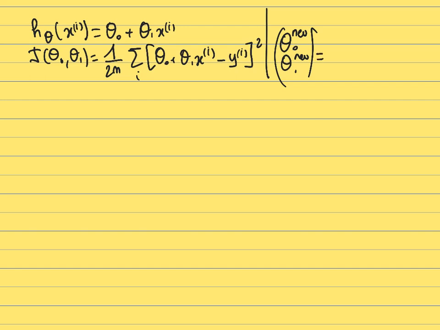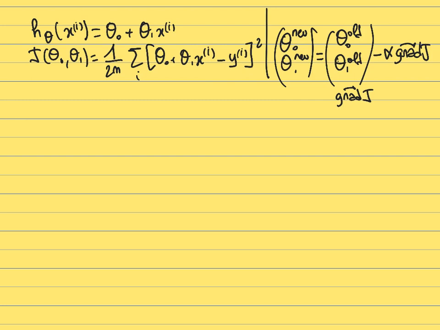You are going to, at every step, start from the old values for theta naught and theta 1, and you are going to add minus alpha times the gradient of the cost function. In the case of linear regression, it's pretty easy to calculate these gradients. The gradient in this case of the cost function, so the cost function depends on two variables.